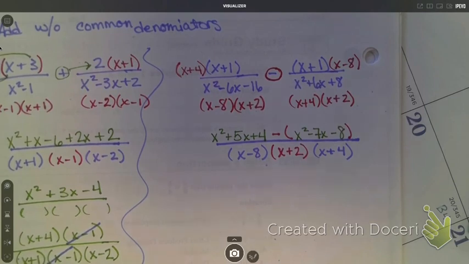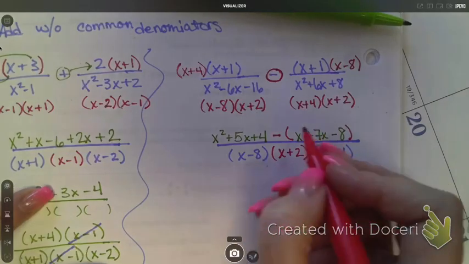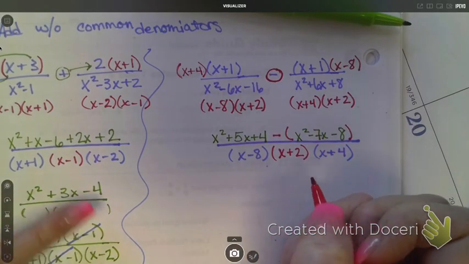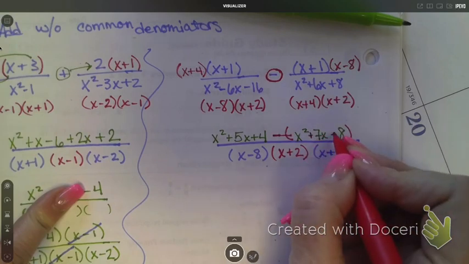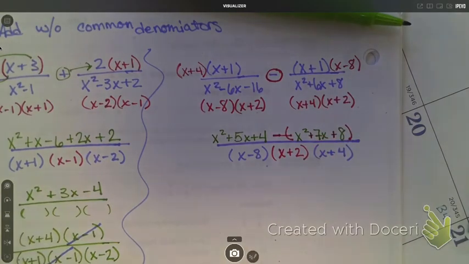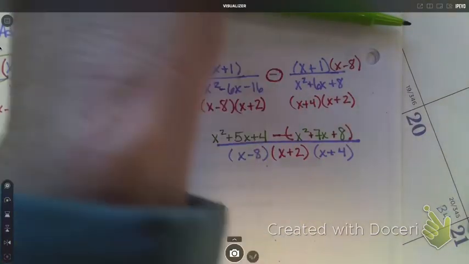Whatever you do with that negative. What do you do with that negative? Distribute. You have to distribute it. This is how I distribute it. Watch me. Negative, positive, positive. Did I just distribute it? Sure. And now I can do what? Combine like terms.